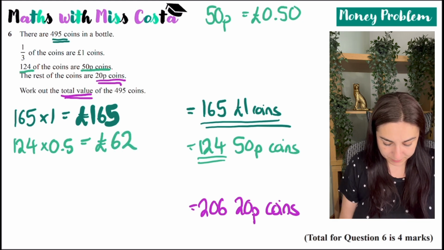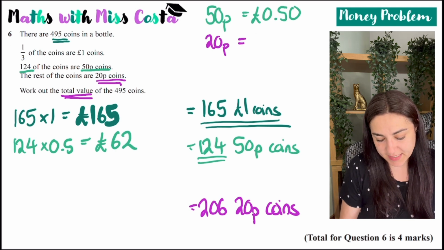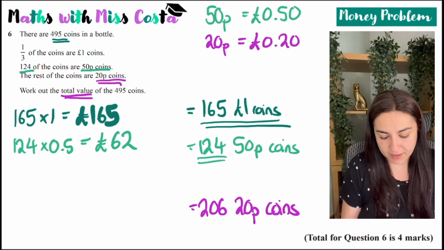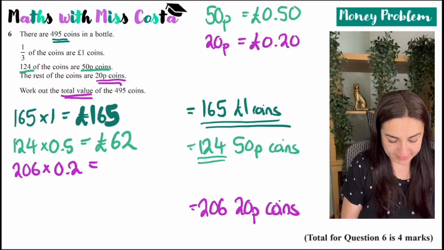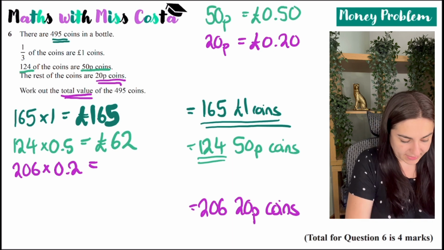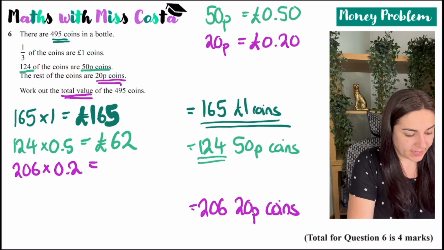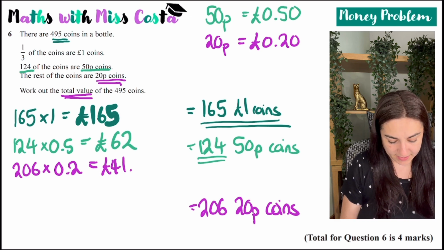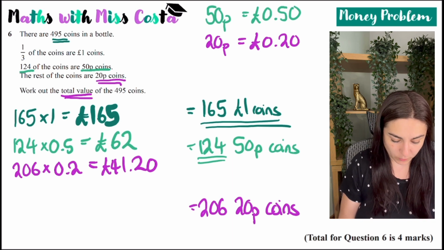And then for the last part, I've got 206 times 20p. 20p is £0.20. So I could do 206 times 0.2, which is £41.20. And total value means I add them all together.